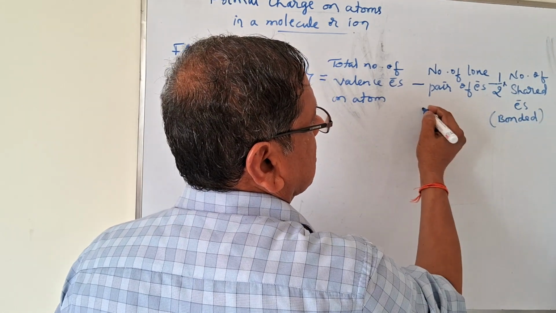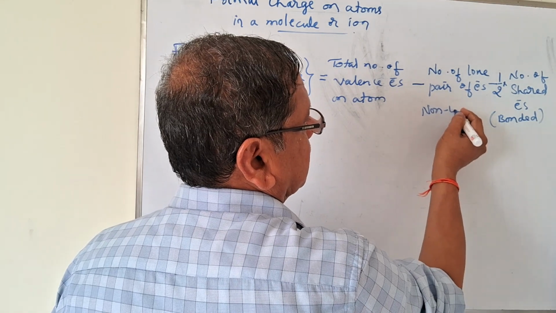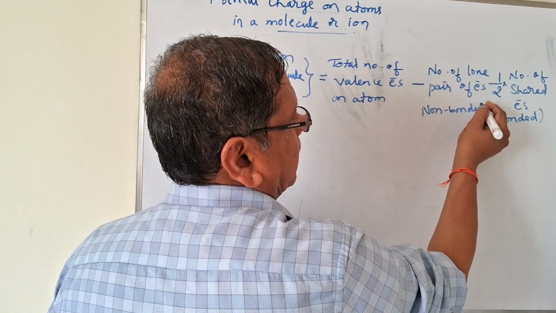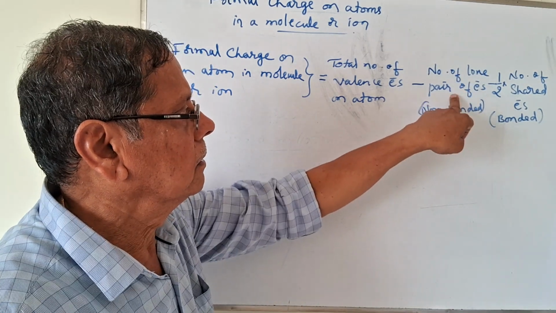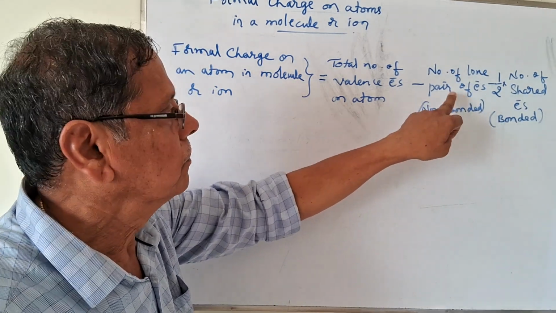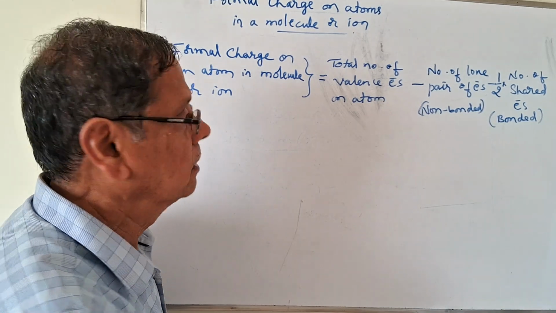These are bonded electrons, these are non-bonded electrons. On an atom, if there is a lone pair, it should be taken as the lone pair of electrons. We should subtract it from the valence electrons.